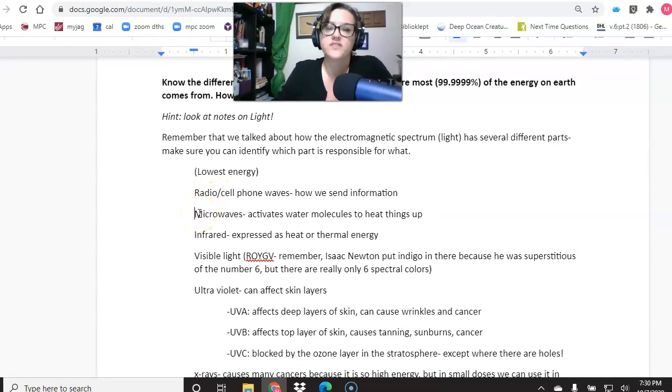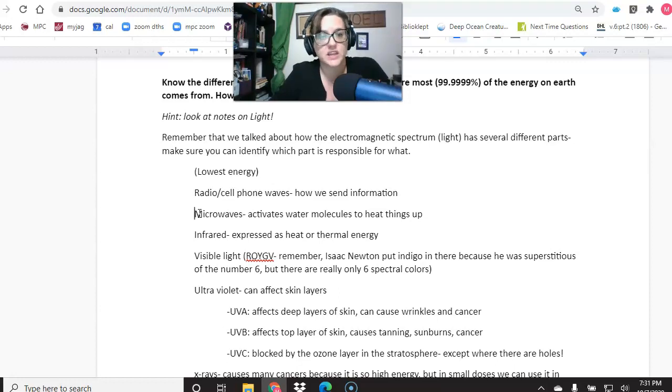You're talking microwaves, which shouldn't actually hurt us, but because we're made of mostly water and the way microwaves work and the shape of water, not the movie, the way that H2O is shaped, microwaves activate water by making them move around. And remember, as molecules move more, as they have more energy, you get higher temperatures. So the more motion or activation you have of molecules, such as water, the hotter something is.